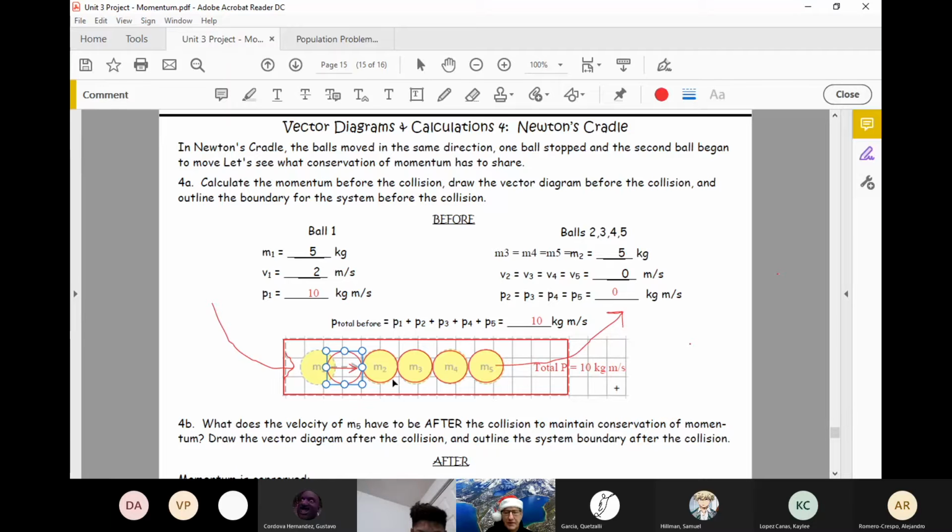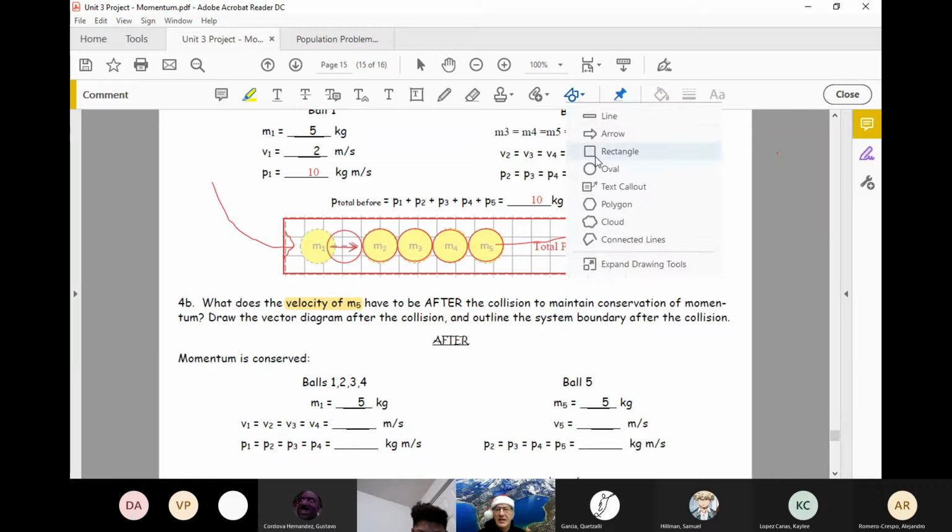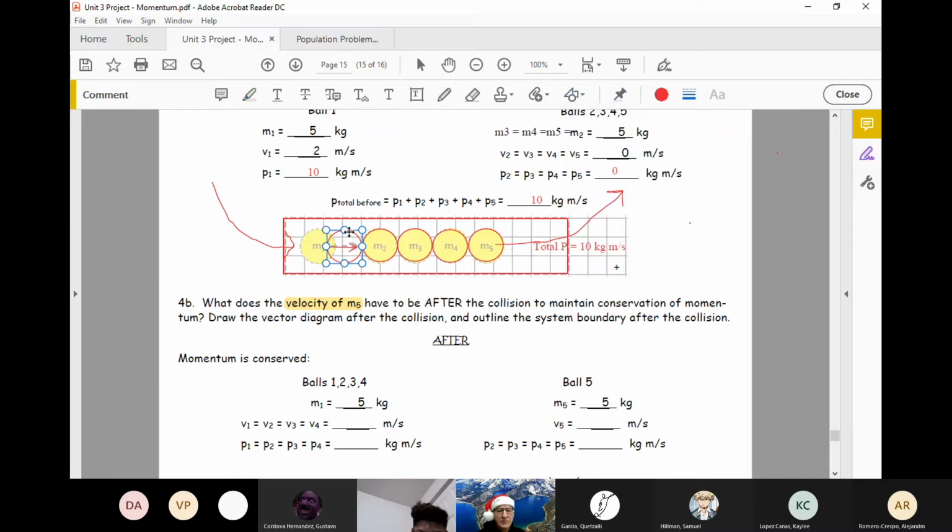Okay? And this is where we have to start thinking a little bit. It's not going to be just mass times velocity anymore, because what they want to know now is what is the velocity of the last ball after the collision? What does that velocity have to be after the collision?